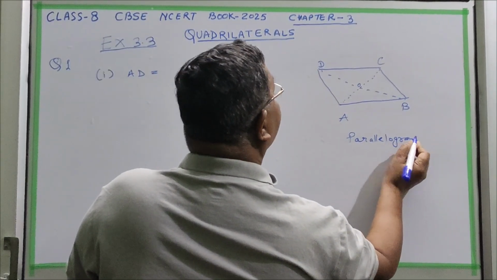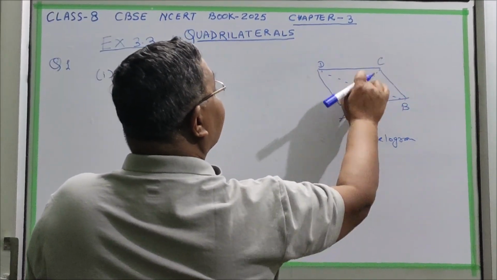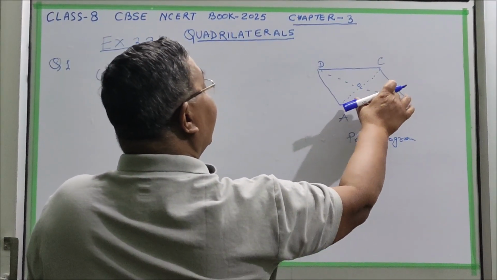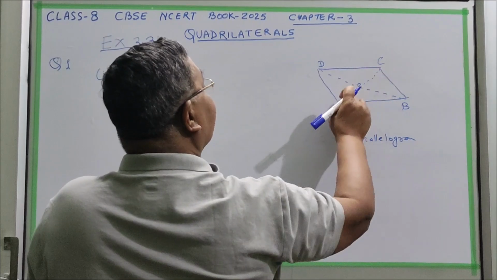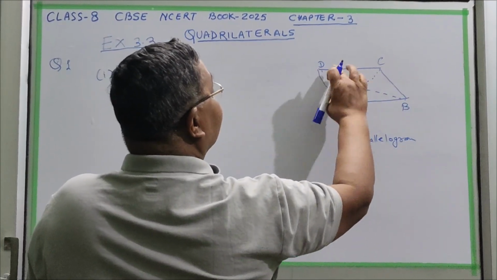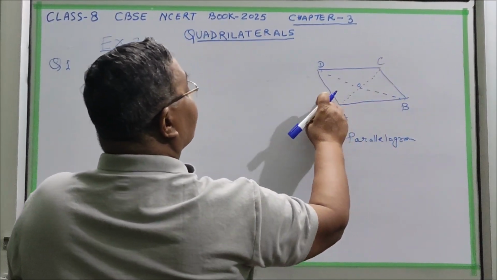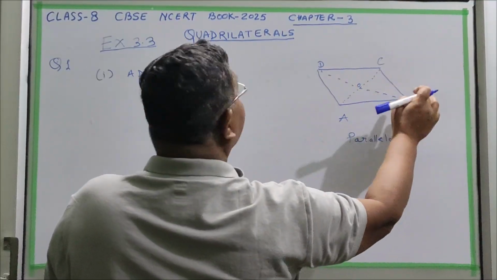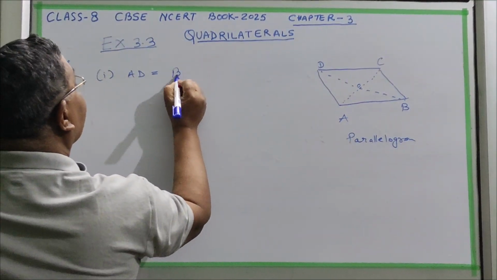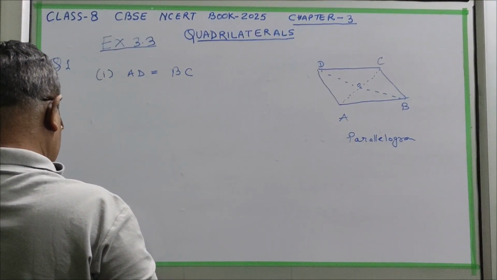In a parallelogram, opposite sides will be equal, opposite angles will also be equal, and the lines will be parallel. So this AD will be equal to the BC line.